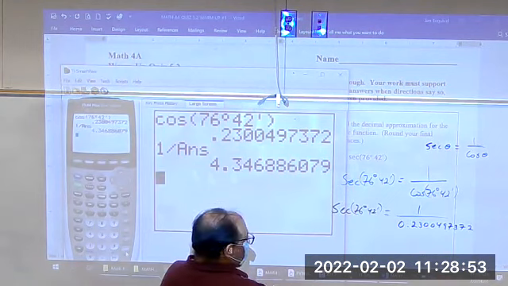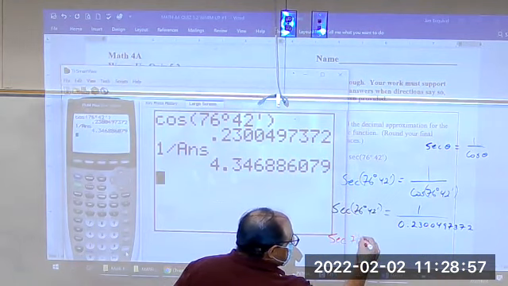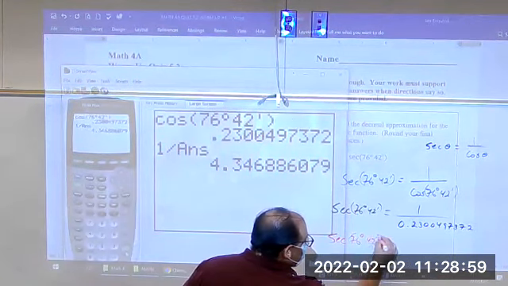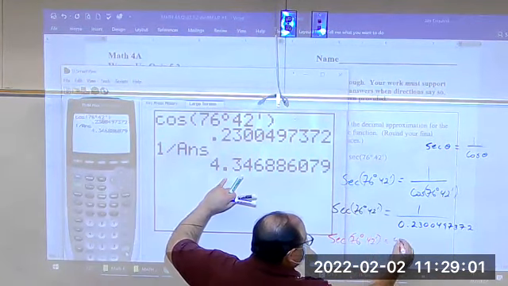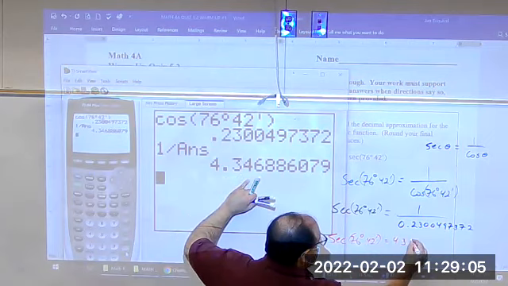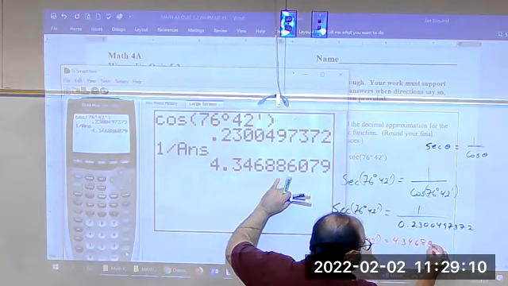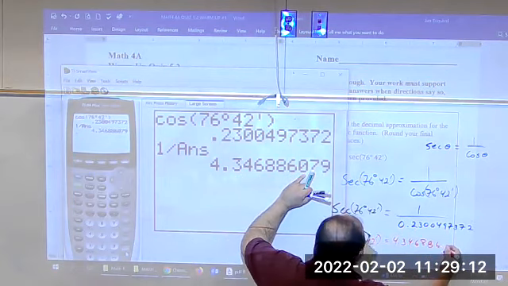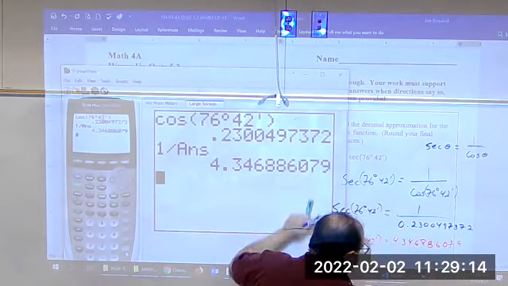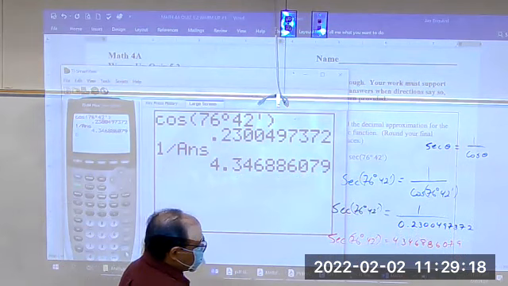Secant comes out to equal, for 73.42 minutes, 4.346886.079, and then round to 6 decimal places.